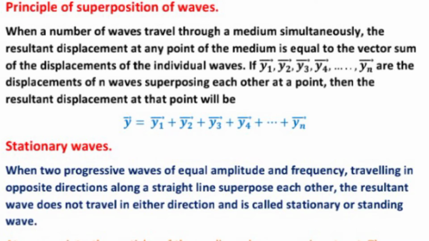I am repeating the statement once again. When two progressive waves of equal amplitude and frequency traveling in opposite directions along a straight line superpose each other, the resultant wave does not travel in either direction and is called a stationary or standing wave.